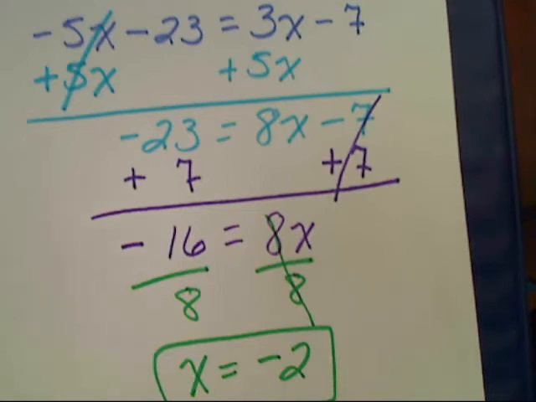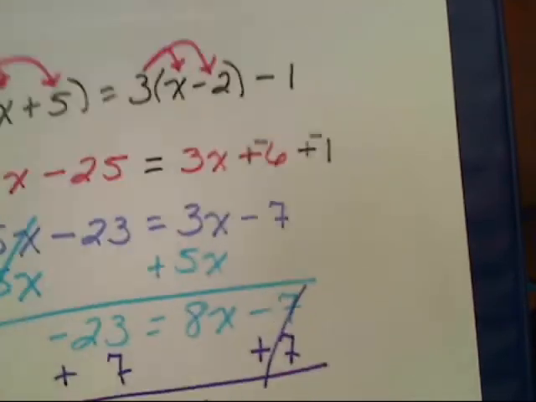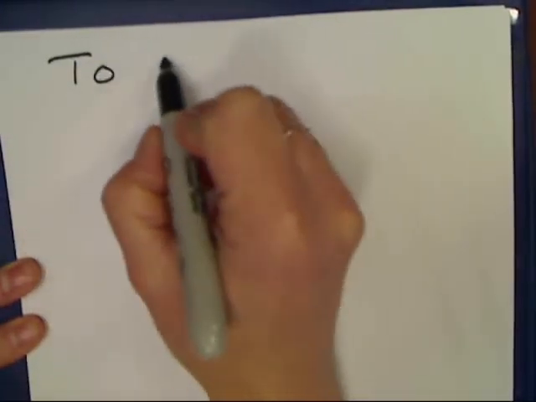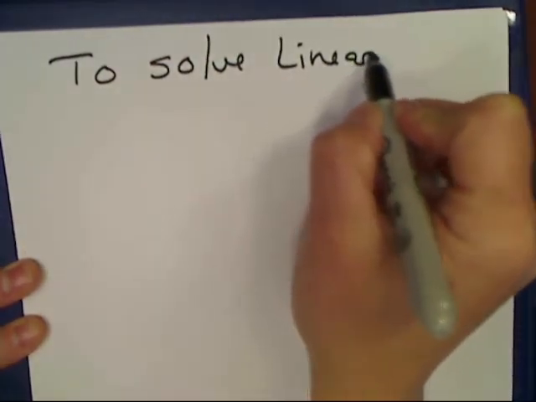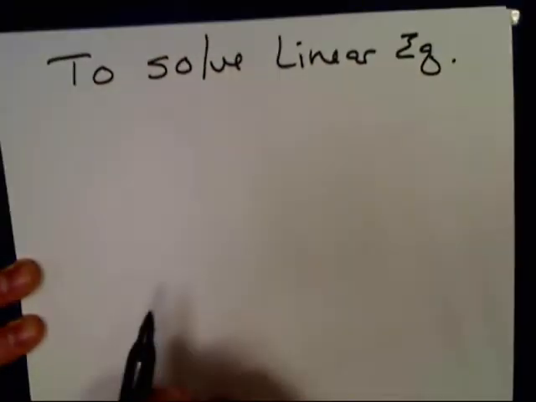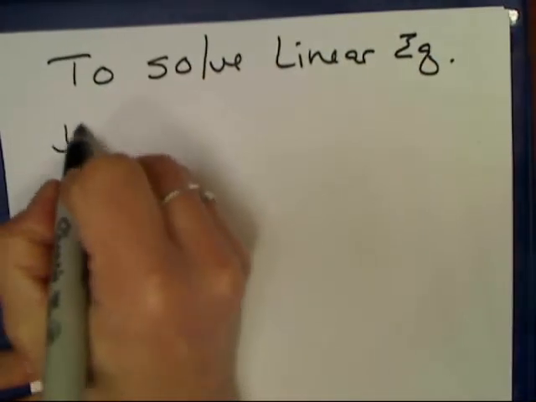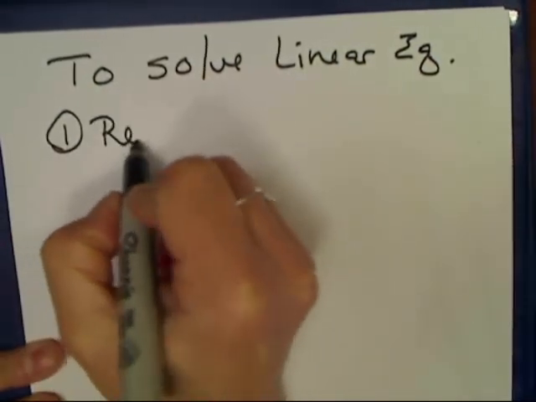So let's summarize the steps that we're going to do whenever we are solving linear equations. The first step that we want to do is to remove parentheses. Let's make sure our paper's on here, huh? To solve linear equations, the first thing we always do is remove parentheses.